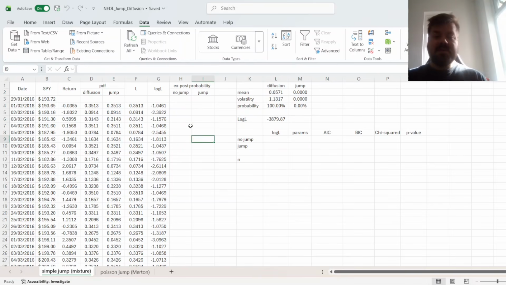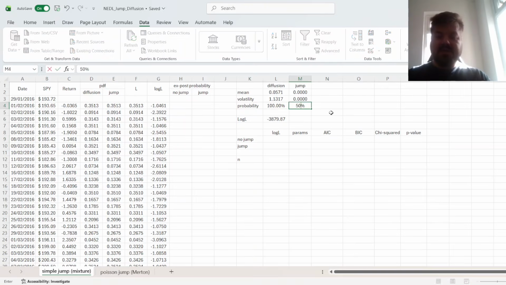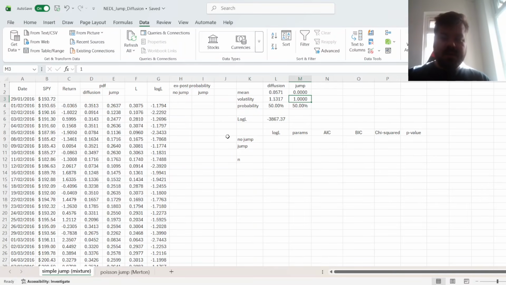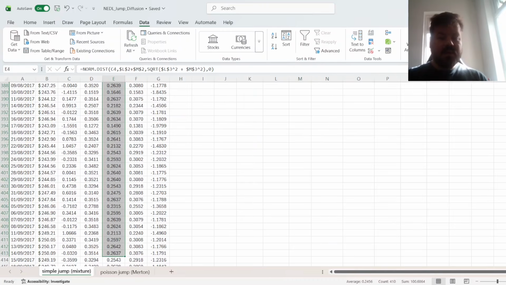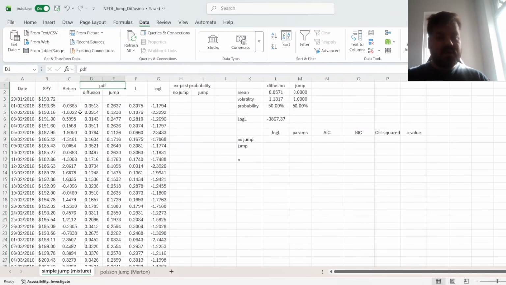Now, let's see what happens if we introduce a jump. So let's say with a 50% chance, there will be a jump with a volatility of 1. In this case, we'll see that the density will change, reflecting the different distribution of the return subject to a jump.